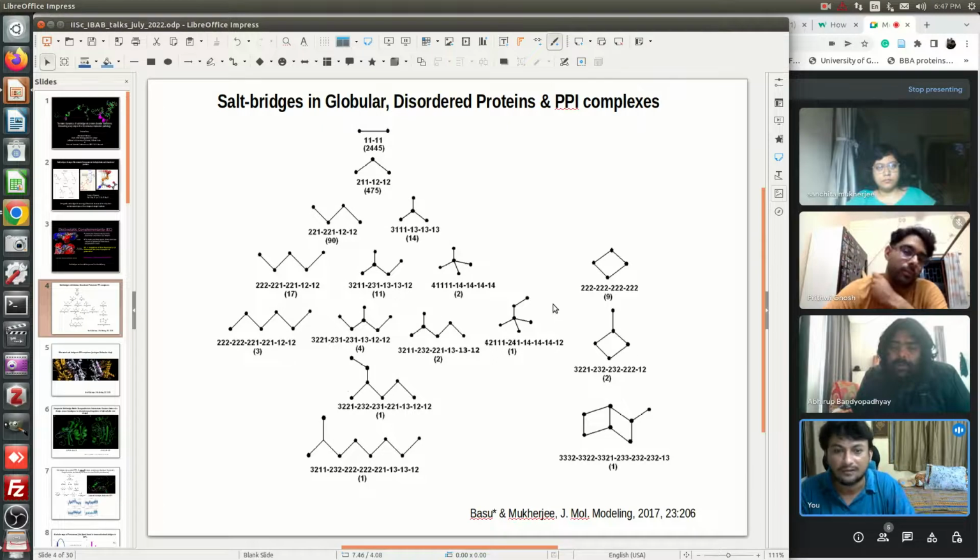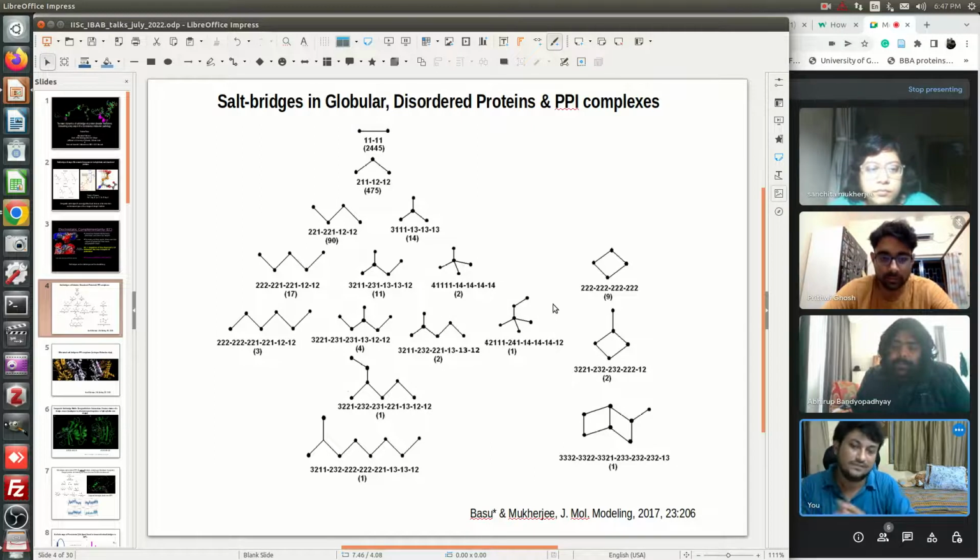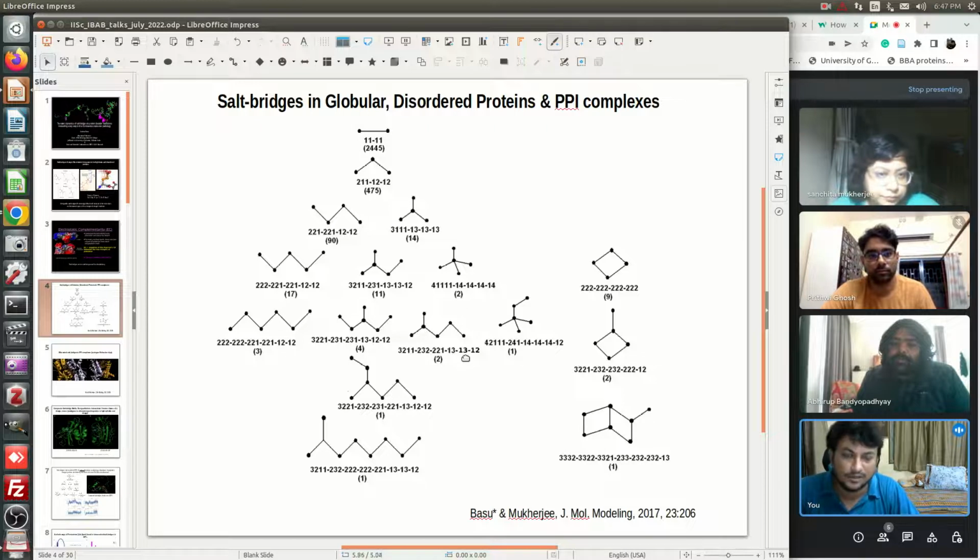We have all heard about secondary structural motifs, which are trivial in protein structures, like helix-turn-helix. The earlier work on packing motifs revealed another set of motifs within proteins in terms of packing topologies. Using the same numerical scheme, here we identified ionic bond networks within proteins, and we did it for globular and disordered proteins as well as PPI complexes. I'll briefly describe the numeric scheme.